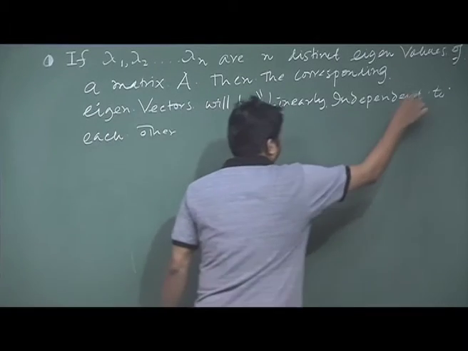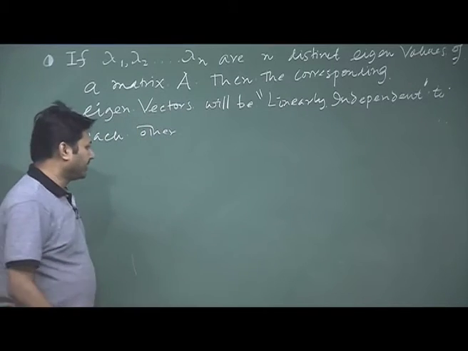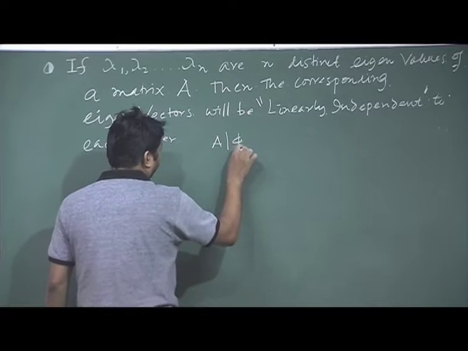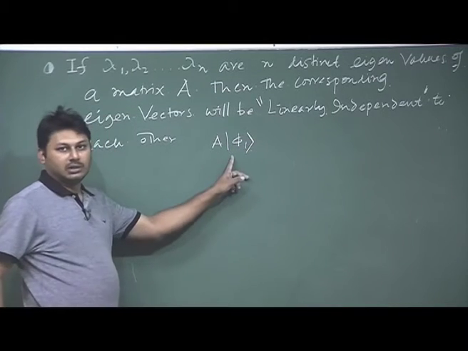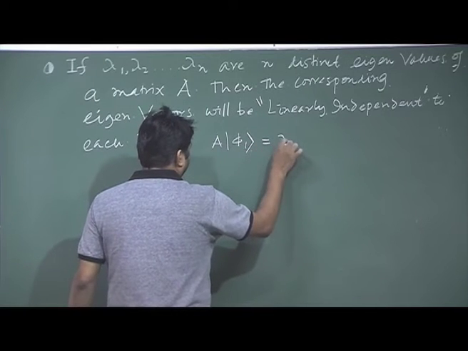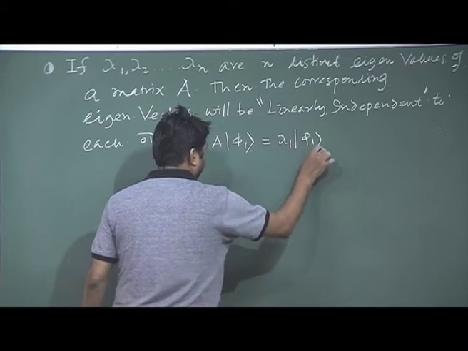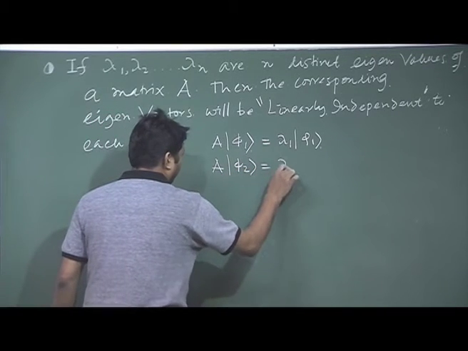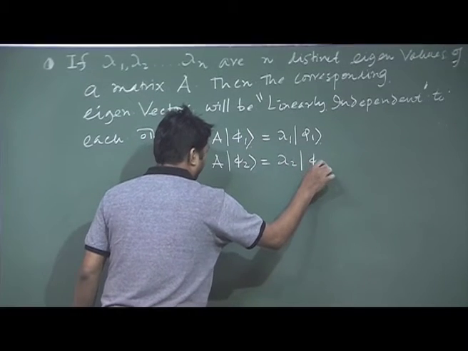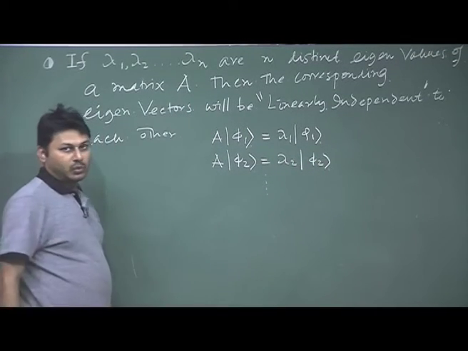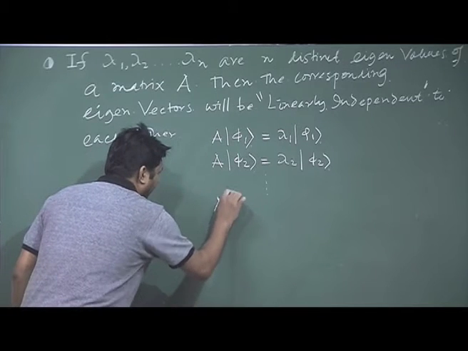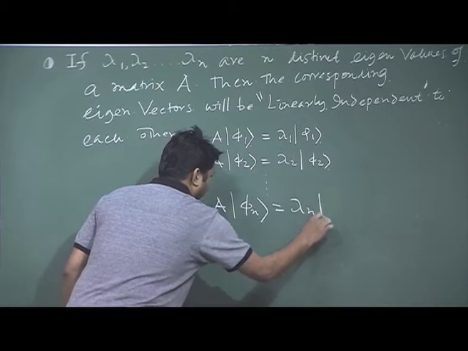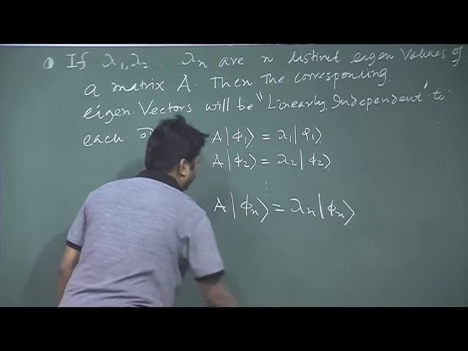So, a very important statement. The statement suggests that, for example, I have A phi 1 equal to lambda 1 phi 1, A phi 2 equal to lambda 2 phi 2, and so on, A phi n equal to lambda n phi n.